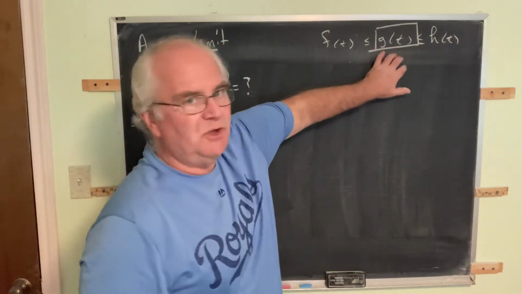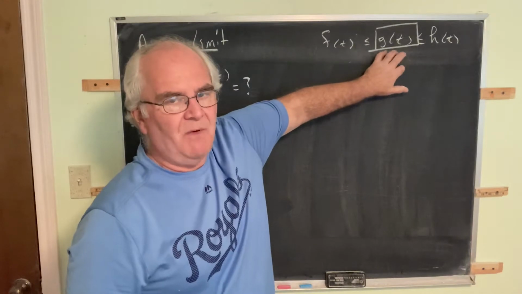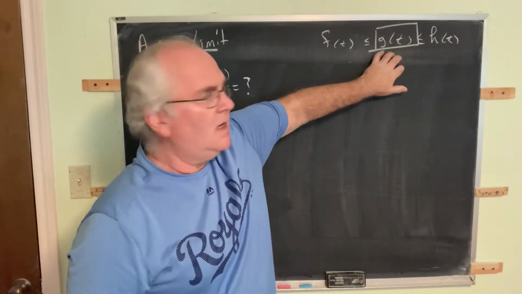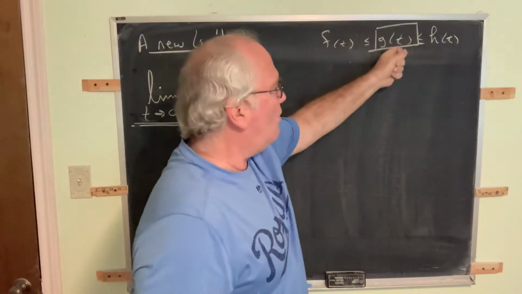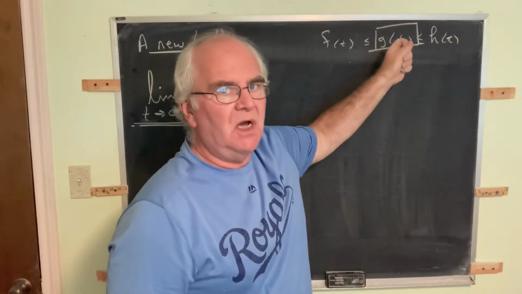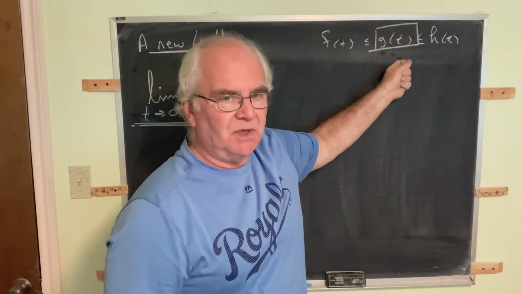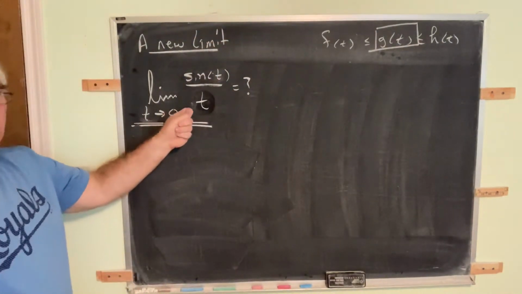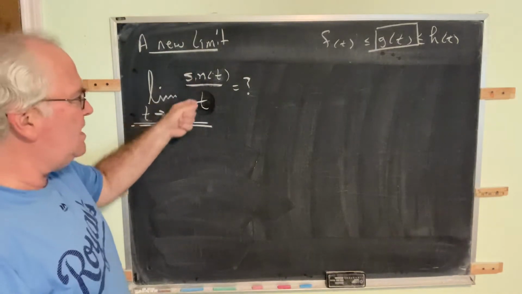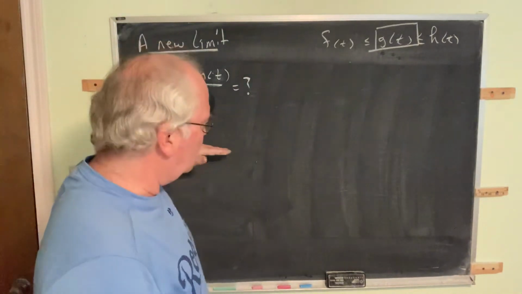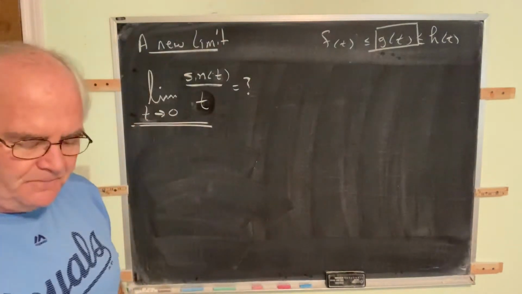This is the function whose behavior we don't know and we want to control. So I need to find these two. The one in the middle is the function whose behavior is of interest. I want to create sine of t divided by t in the middle of a string of inequalities.